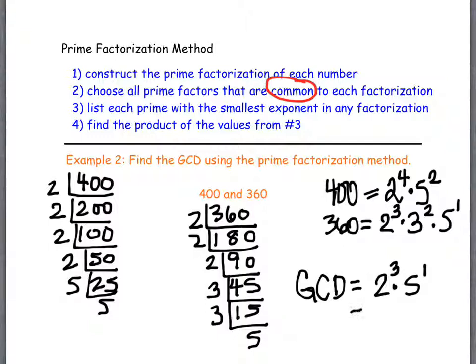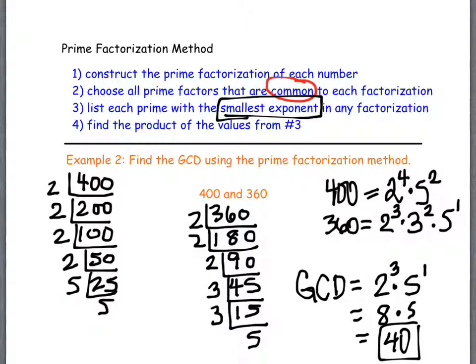So multiplying these out now, what's 2 cubed? 8. And 8 times 5 is 40. The greatest common divisor is 40. Any questions on this one? Okay, so you're looking for the prime factors they have in common with the smallest exponent.